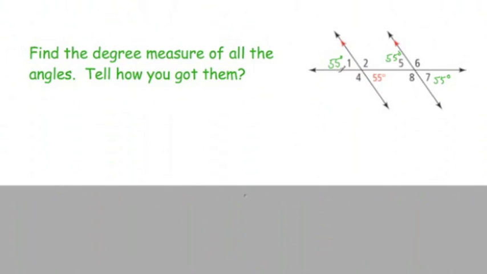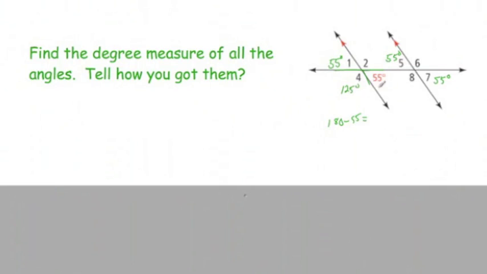How can I get 4? Well, this is a straight line here, so we're just cutting 180 degrees. 180 minus the 55 that I already have gives us what, 125? So this one is going to be 125 degrees, okay?